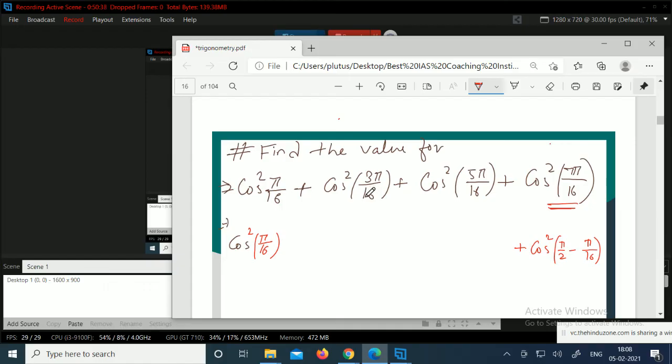So if I check this value, cos square 3 pi by 16, how are we going to rearrange this? Same way, pi by 2 multiple we can use here. Cos square pi by 2 minus 5 pi by 16.